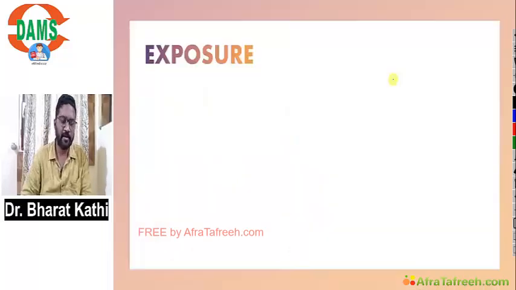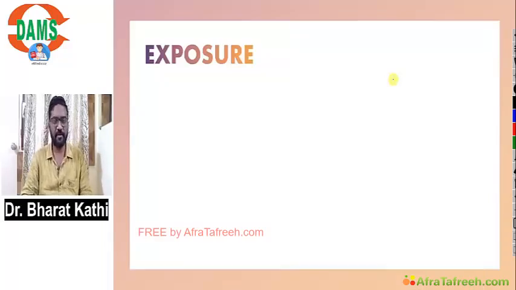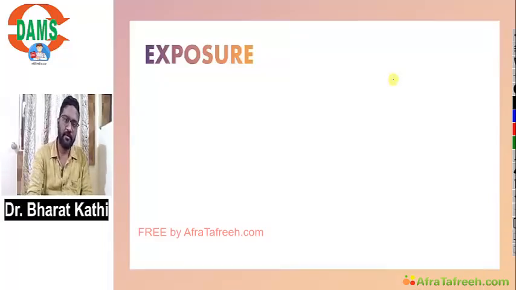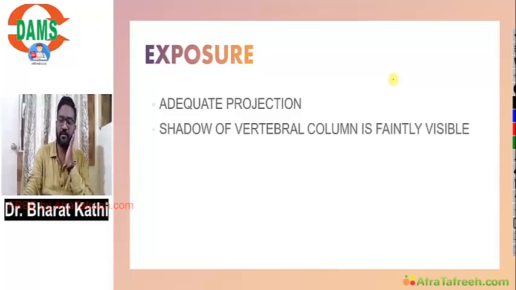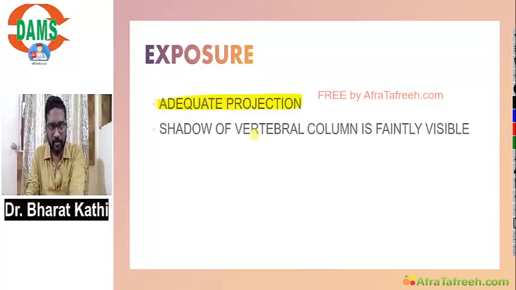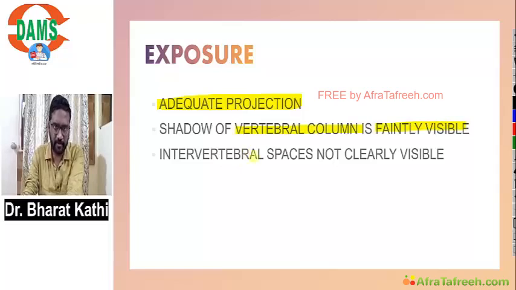Then coming to exposure. You have to notice whether there is adequate projection. So what is the definition of adequate projection? The shadow of the vertebral column is faintly visible. Intervertebral spaces are not clearly visible.